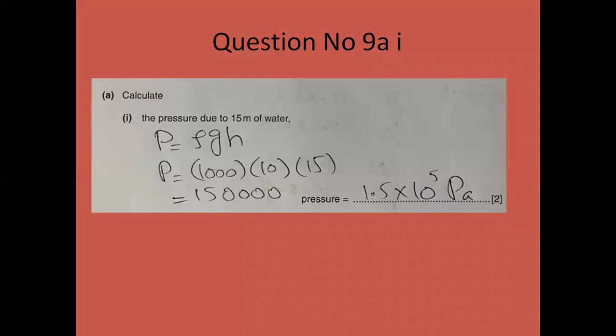Rho means the density, and that's 1000 kg per meter cube. The g is 10 Newton per kg, and h here stands for the depth of the water above that point where you want to find the pressure of the water. So that's 15 meters. So 1000 multiplied by 10 multiplied by 15 will be 150,000 Pascal. So it will be 1.5 times 10 to the power 5 Pascal.